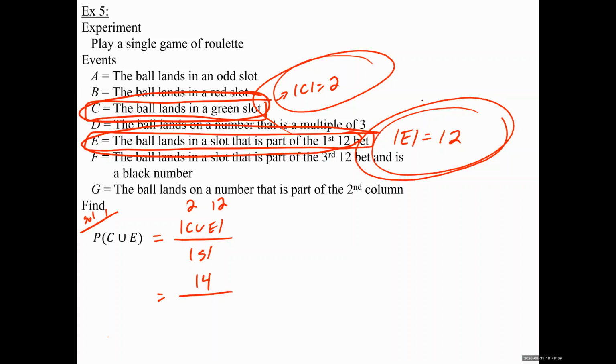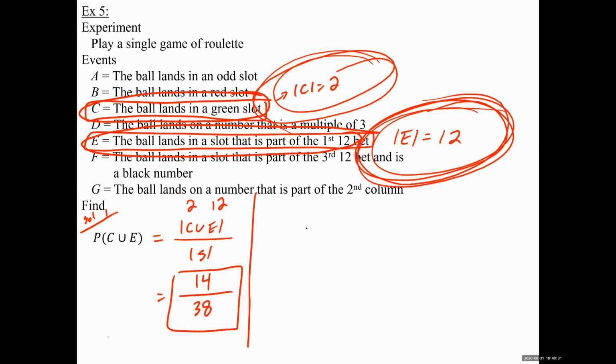So how many things total? 14. Or do you count each one individually and then add? Only if they're disjoint. If there's nothing in both, you can do that. But if there is something in both, then when you add, it's going to be too big. That's why you have to subtract something. That's solution 1. Any questions on that much?